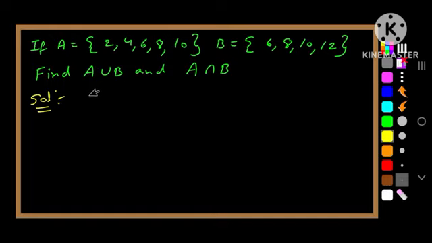Here you have to remember that this is the symbol for union and this is the symbol for intersection.